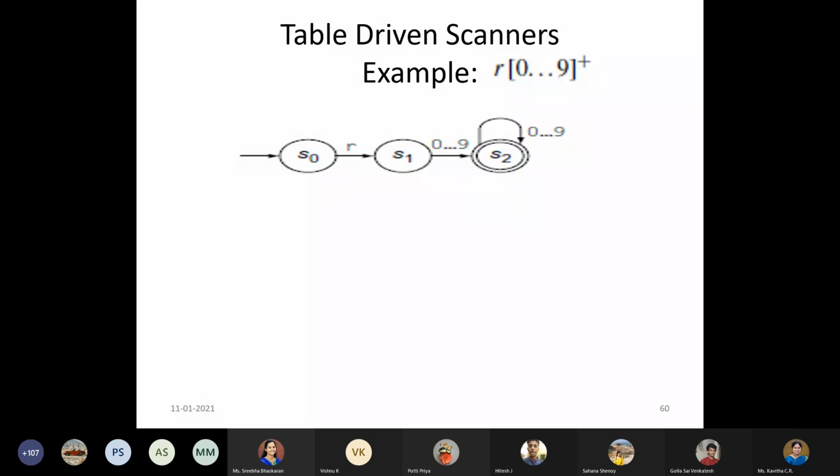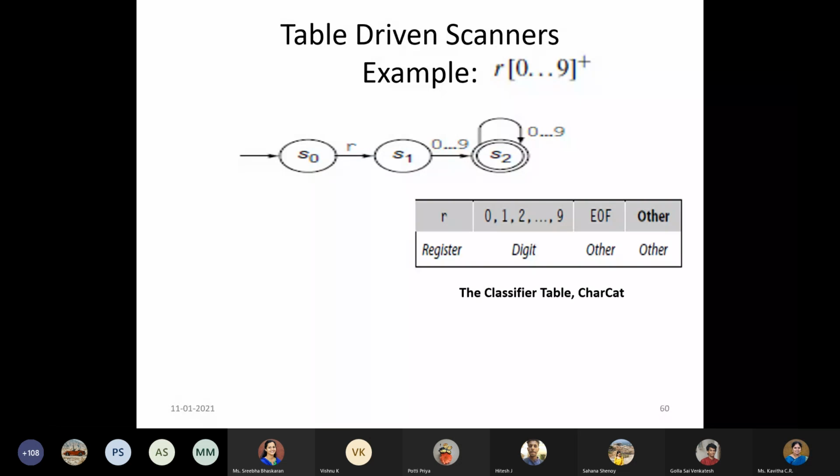For that, by using these table driven scanners, first the transition tables have to be generated. Before you generate the transition tables, first you have to recognize the contents in your DFA. So here, what are the contents? If you come across character R, it has to be recognized as register.